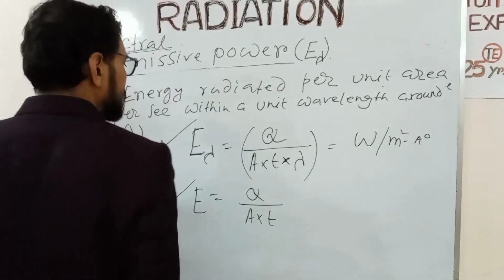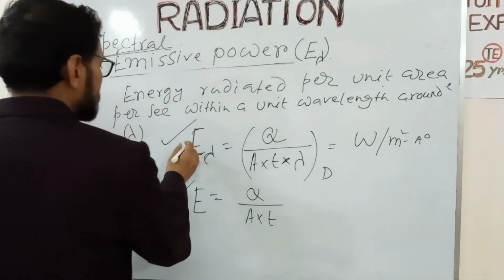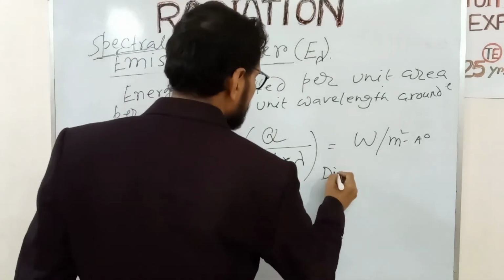What is the dimension of the spectral emissive power?